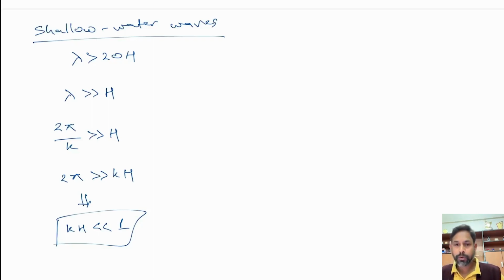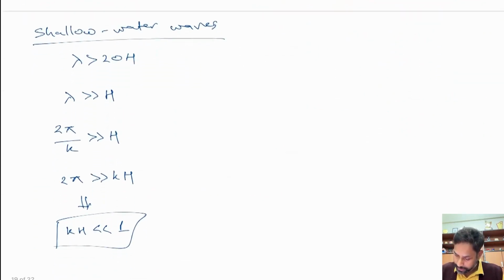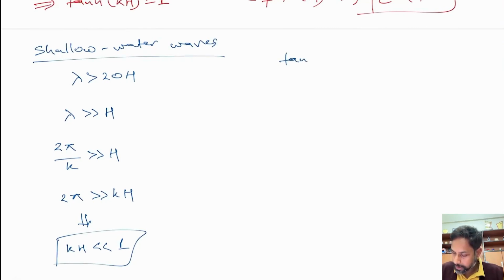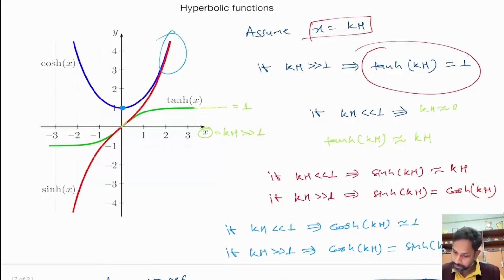So kh is much smaller than 1 in shallow water waves, and that is why here your tanh of kh is equal to kh itself, right? That is something we saw here. If kh is much smaller than 1, then tanh of kh can be considered equal to kh.